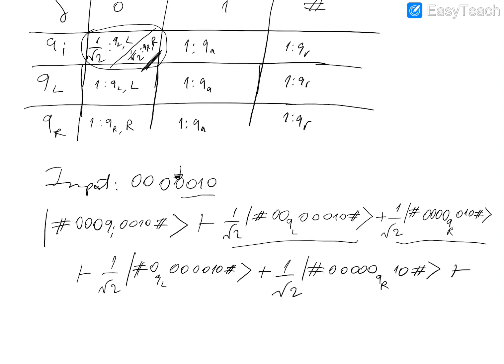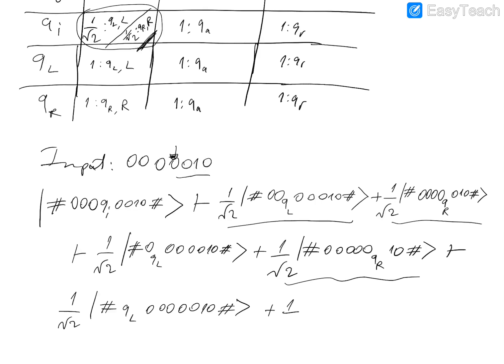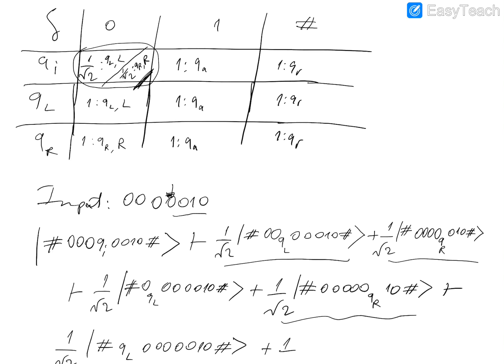And this yields, we're still in the superposition, 1 over square root 2, hash, QL, 0 0 0 0 0 1 0, hash, plus, and finally we evaluate this part. We're in state QR and we're reading 1. That means we're going to accept this. We are in the accept state.